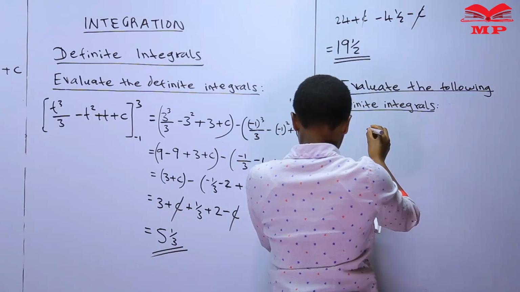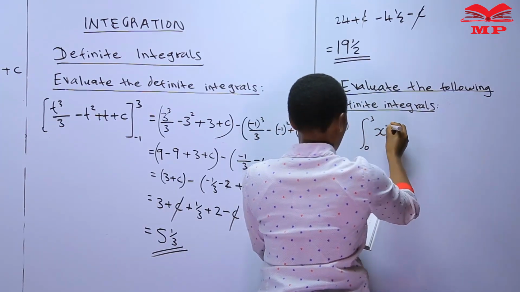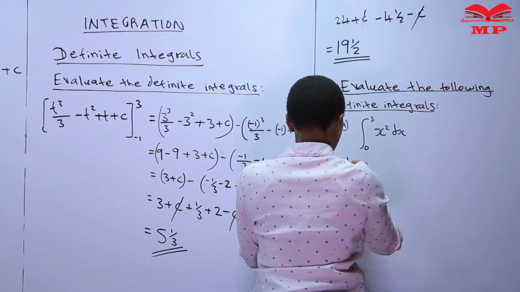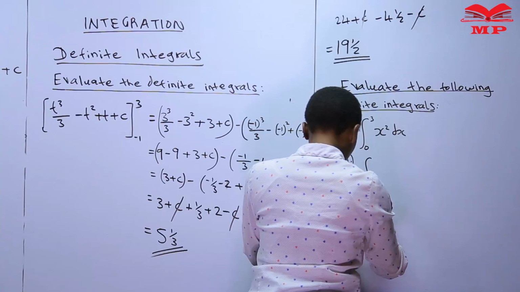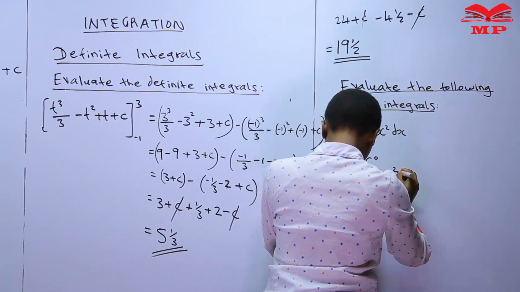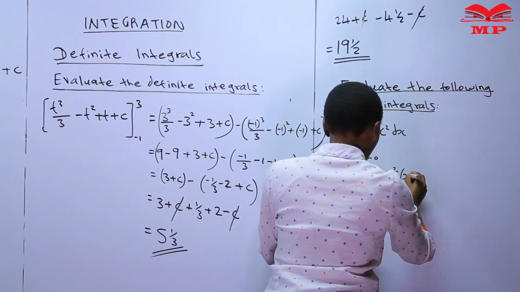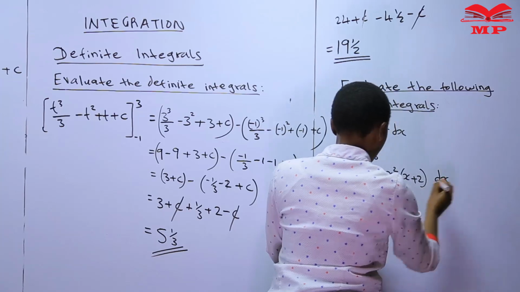Part A, you have from 0 to 3, that is x squared with respect to x. Then B, you have from -2 to 0, that is 4x squared. Then you need to multiply by x plus 2, then all of it dx.